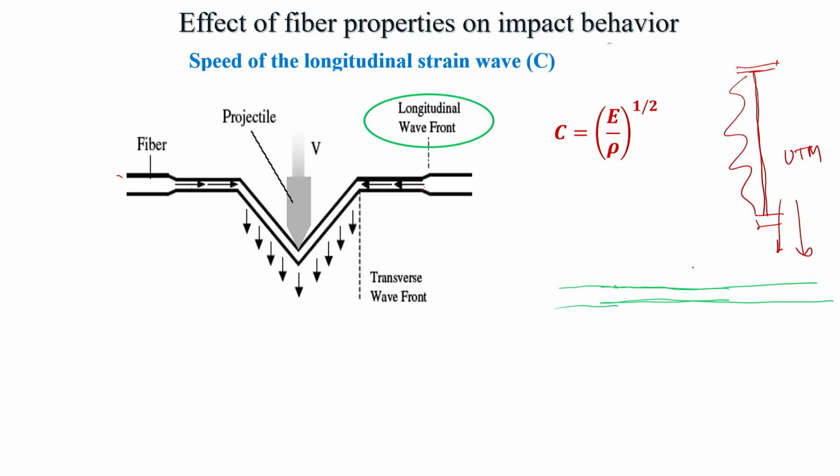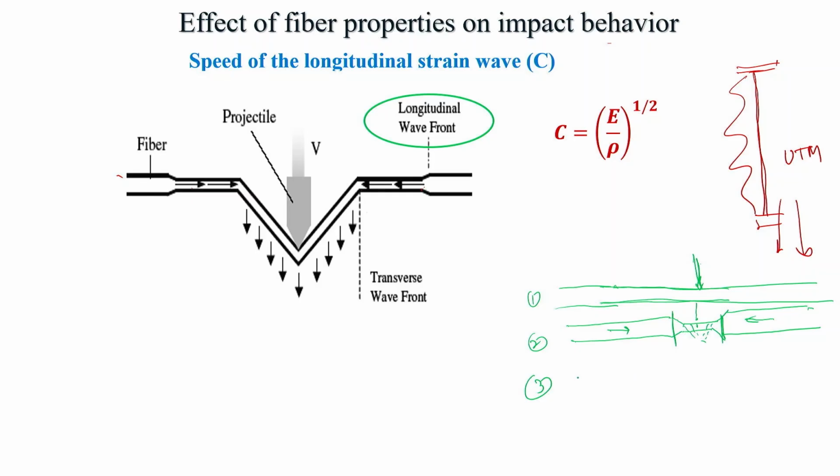Now, when there is a projectile strike here, the next picture will be this way. That means, from this point there is a stretching. So, this will move in this fashion, and this will become the wave front, and it is stressed in this direction.